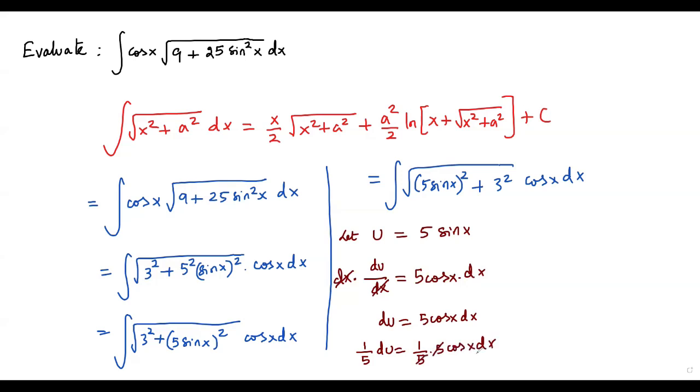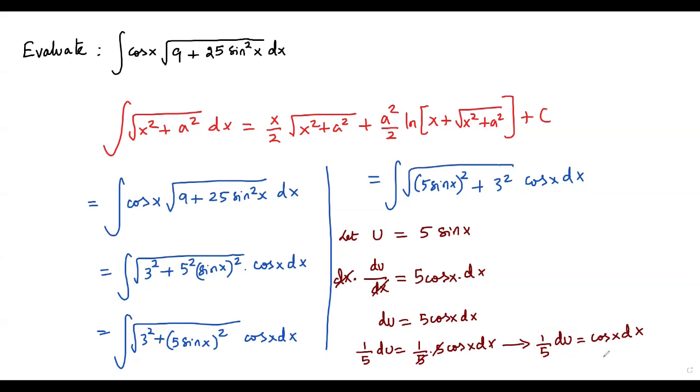The 5 will cancel out. The resulting expression is 1 over 5 times du equals cosine x times dx. Okay, now I have completed the substitution work. Now in this integration, I have to replace this 5 times sine x by u, and this cosine x dx has to be replaced by 1 over 5 times du.